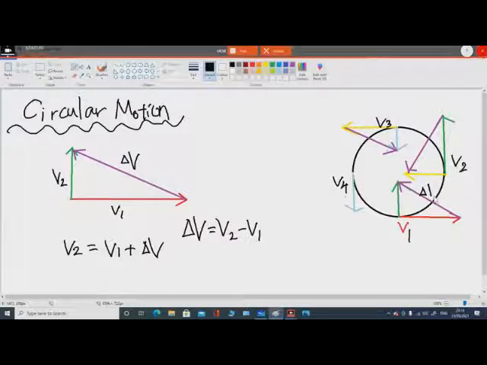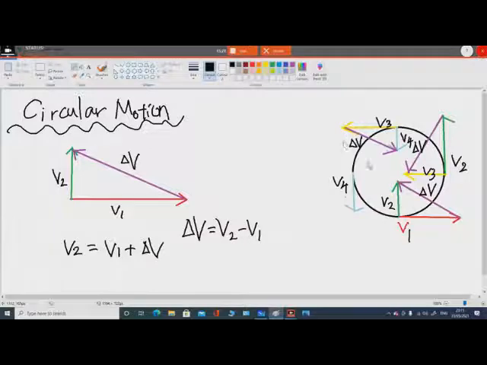This will be my delta V. This one is my V2 here, this one will be my V3, and at the same time will be delta V. This one will be my V4, and as well, this one will be my delta V.